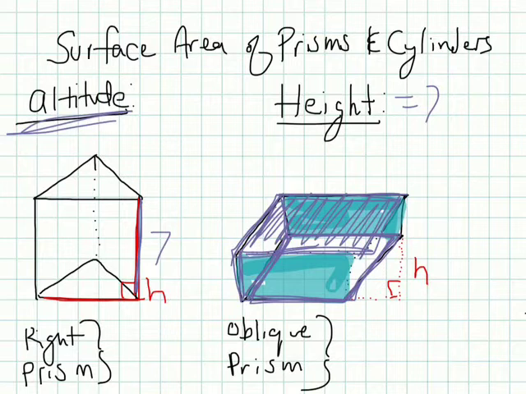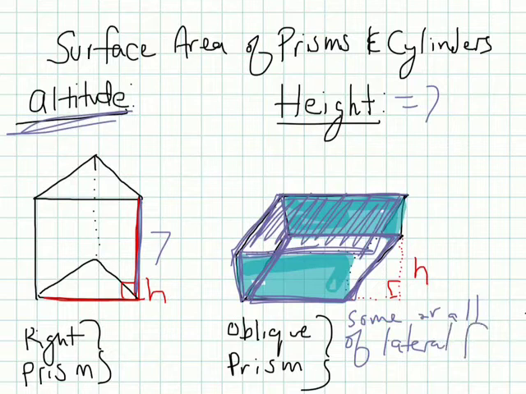So an oblique prism is where some or all of the lateral faces are non-rectangular. Forgive my handwriting. All right, let's move on to the next page.